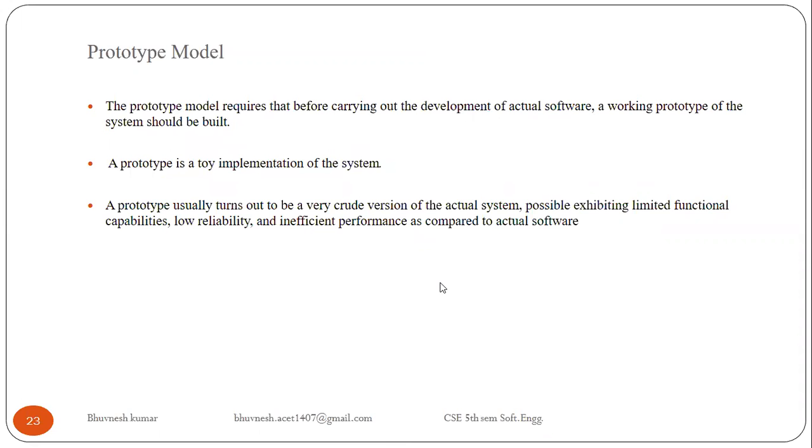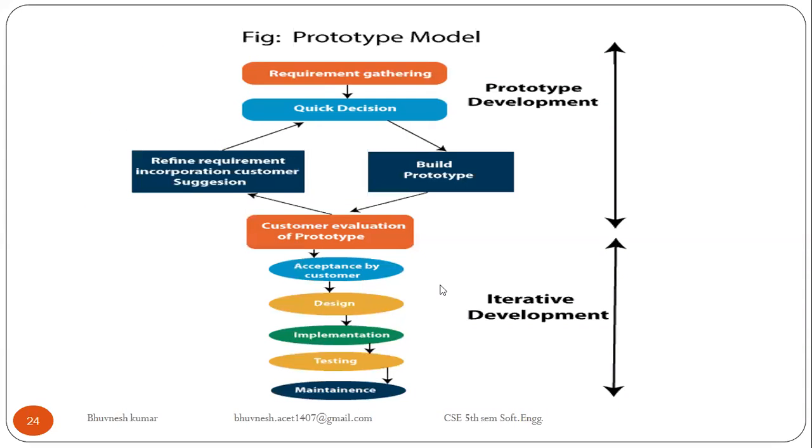Now we will go for the prototype model. Okay, this is your prototype model. What is the difference between the prototype model and the waterfall model? In the prototype model, we will create a prototype, that is, a dummy should be created. Then that dummy should be handed over to the customer.